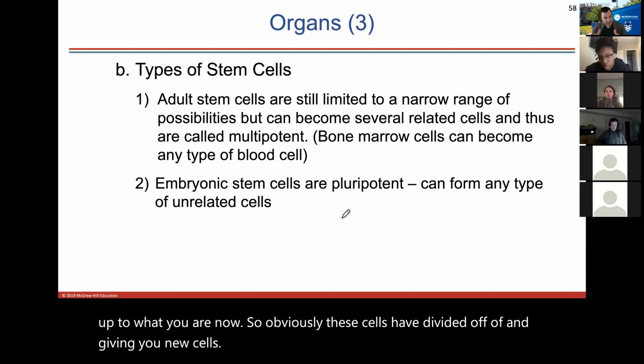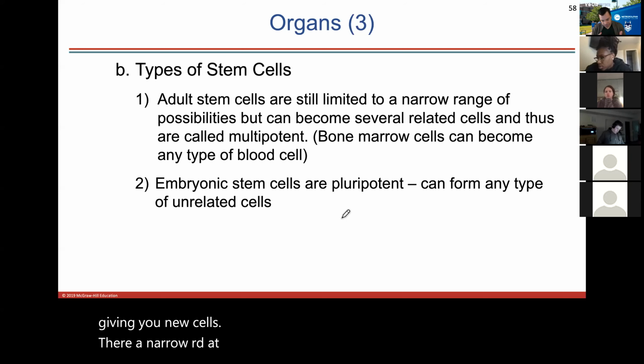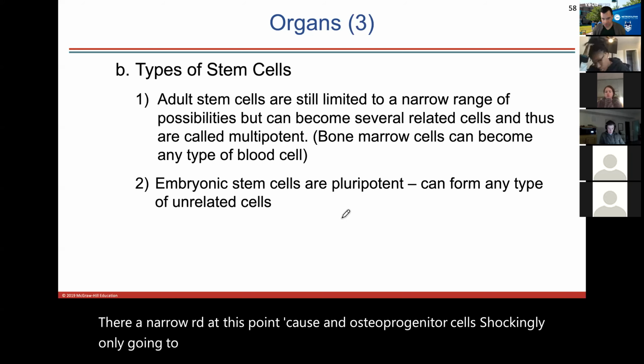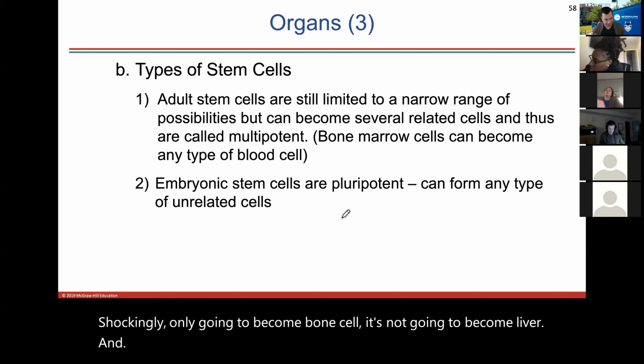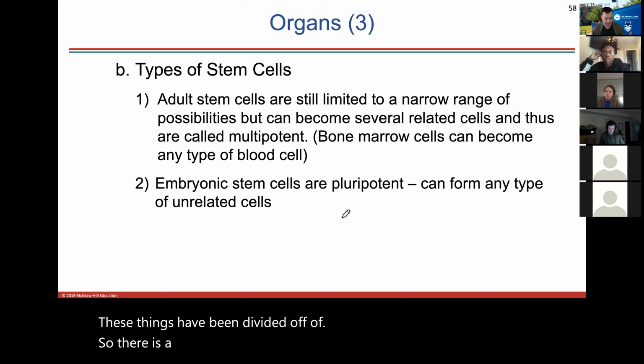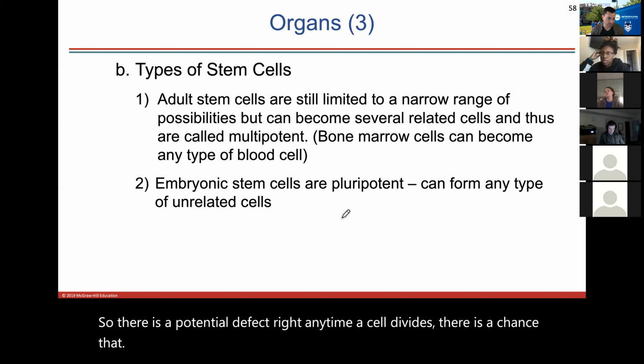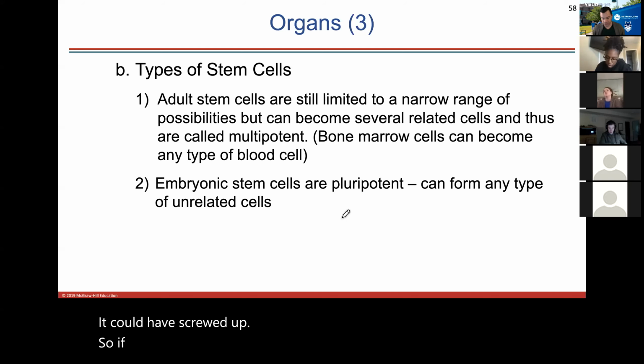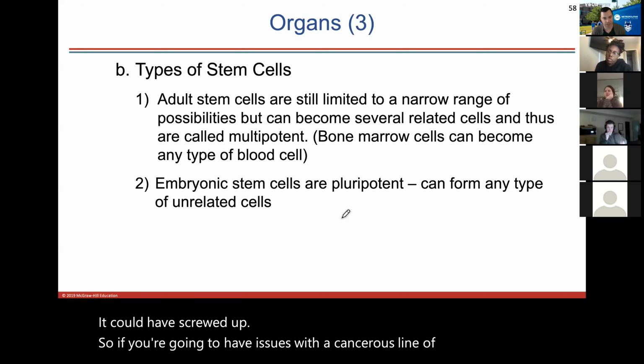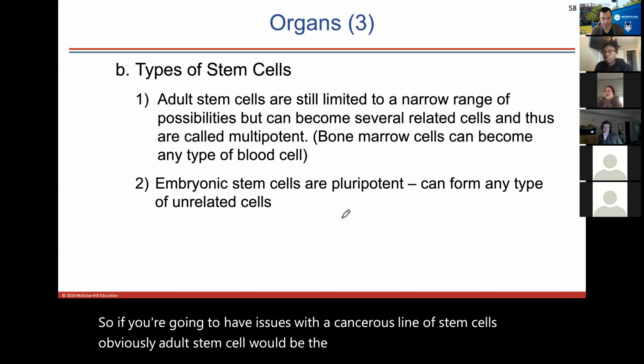They're narrowed at this point, because an osteoprogenitor cell is shockingly only going to become a bone cell. It's not going to become liver. And these things have been divided off of, so there is a potential defect. Anytime a cell divides, there is a chance that it could have screwed up. So if you're going to have issues with a cancerous line of stem cells, obviously the adult stem cell would be the one that you would have issues with.